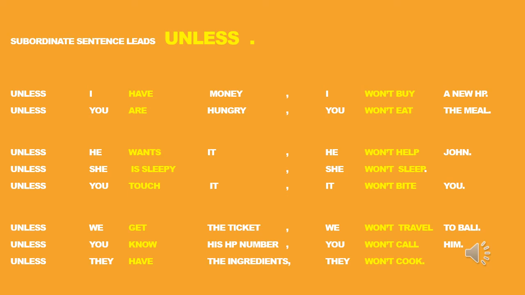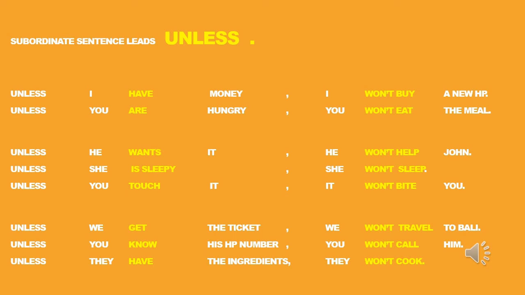Once again, the first example, I will not buy a new handphone unless I have money. Full stop. We don't need any comma. The second example, unless I have money, comma, don't forget it, I will not buy a new handphone. Full stop. So there are two versions to express yourself using the negative conjunction unless in future conditional type 1.